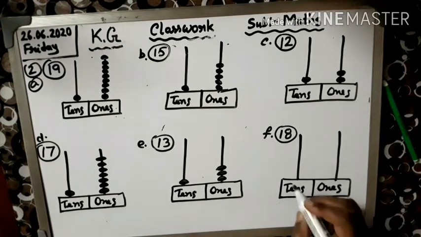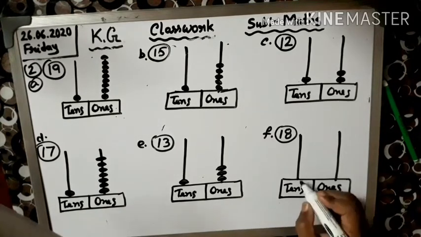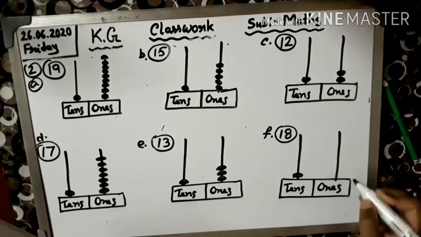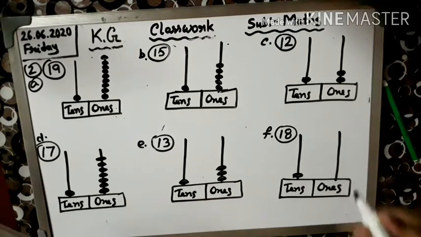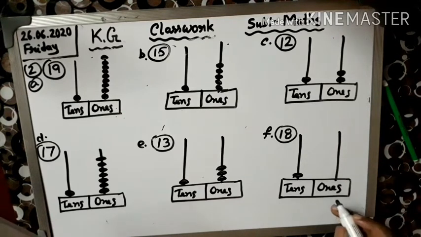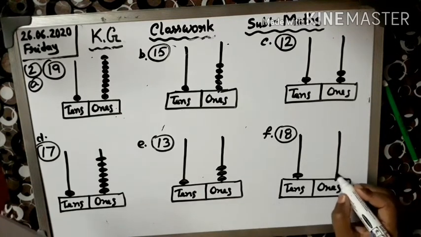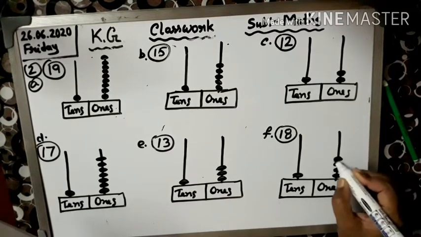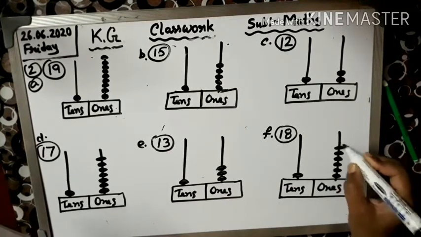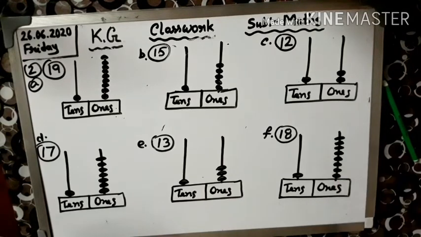Draw 1 bead on the tens spike. Draw 8 beads on the ones spike. 5, 6, 7, 8.